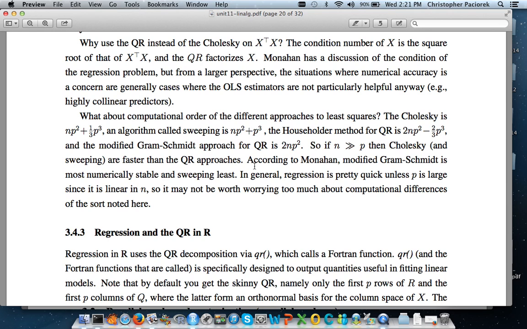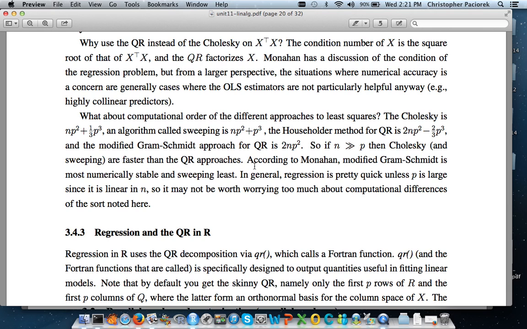I think if you're not careful, the Givens rotation method is more computationally burdensome than these other methods. So if we look at this, it would suggest that in all cases the Householder method is more efficient than Gram-Schmidt, because it's got 2np squared minus the p cubed.